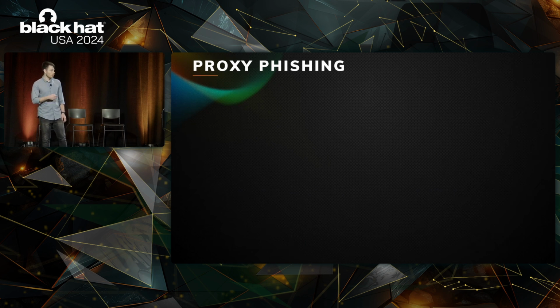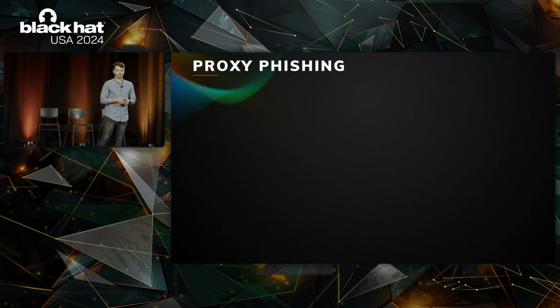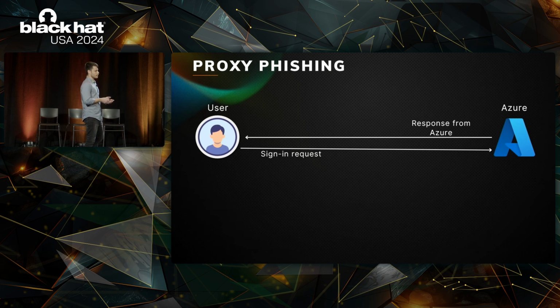So now we know about that, but I wanted to really take what I discovered and do it for a massive scale. I wanted to not just use a proxy and have it end there. So first of all, in case you don't know how proxy phishing works, a legitimate authentication flow might look something like this. You send a request directly to Azure and get the response from Azure back to yourself.